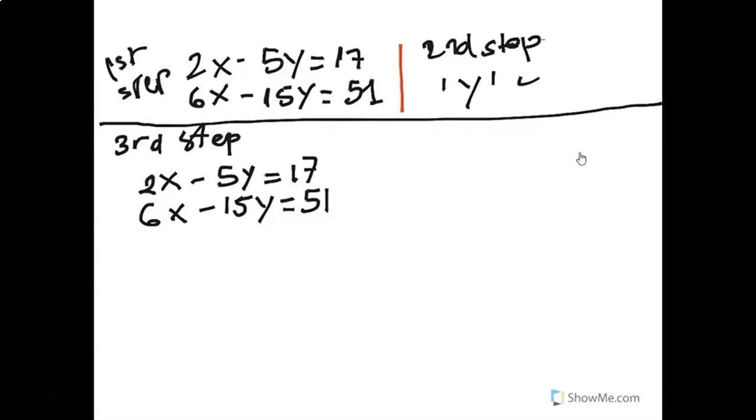So as you can see, because I want to eliminate the y, my coefficients are, in the first equation, negative 5. In my second equation, my coefficient is negative 15.